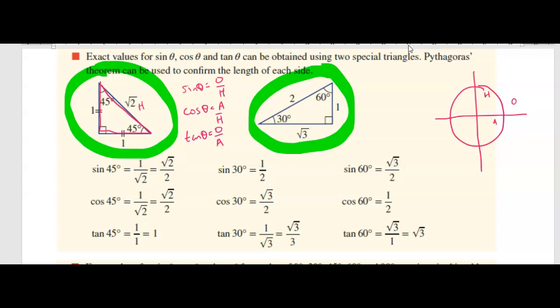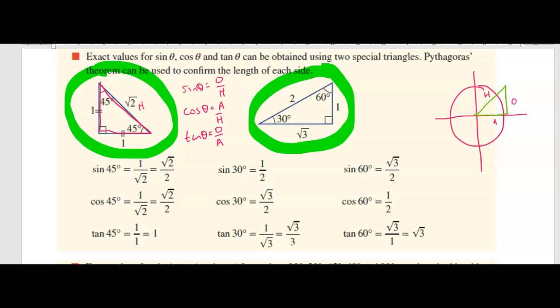Okay, so we have 30 degrees, and it's kind of gone up like that in a way. You don't need to draw this, but I'm just trying to show you.